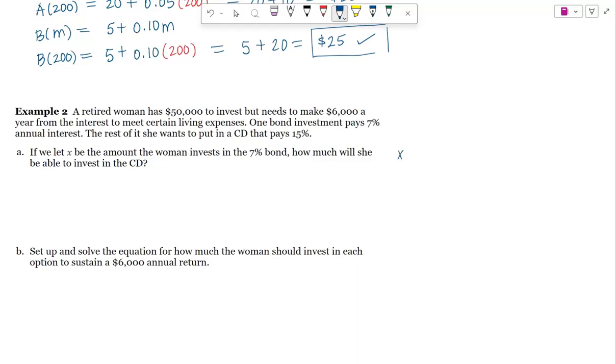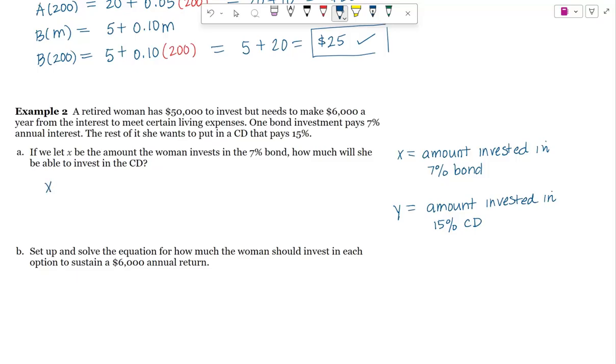We're saying that X is the amount invested in the 7% bond, and let's use the variable Y to be the amount invested in the 15% CD.